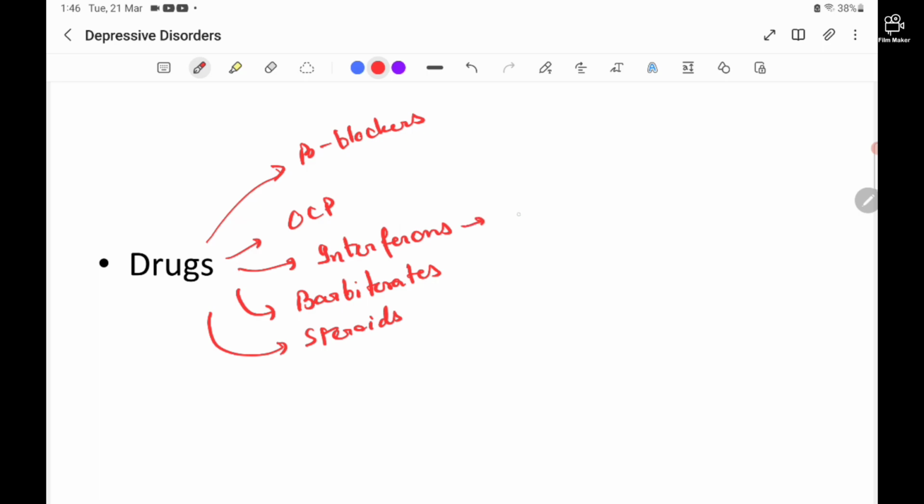Interferons can cause acute suicidal ideas too, and steroids, apart from depression, can cause mania.